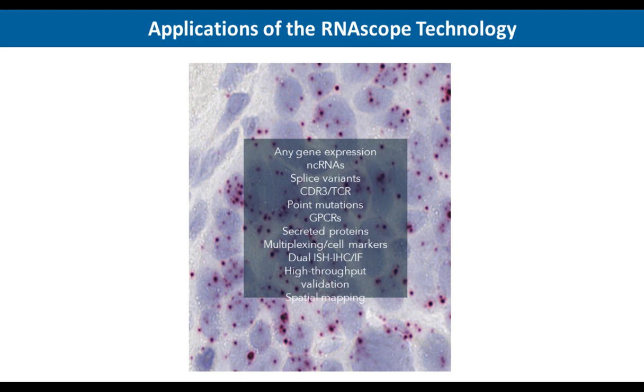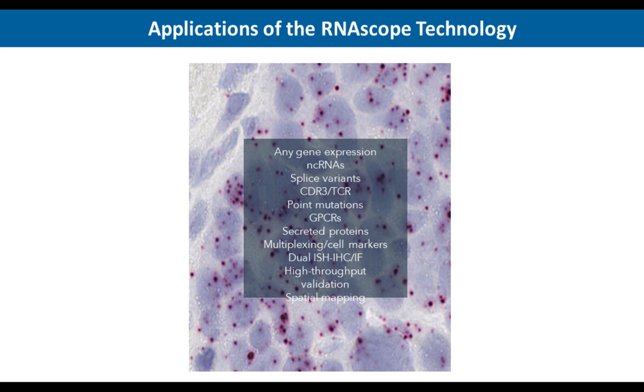As I mentioned, the RNAscope technology has been used for the detection of a variety of different targets with spatial resolution. Some of the more specific examples include detection of highly homologous sequences like the CDR3 on T-cell receptors, GPCRs, and secreted proteins.